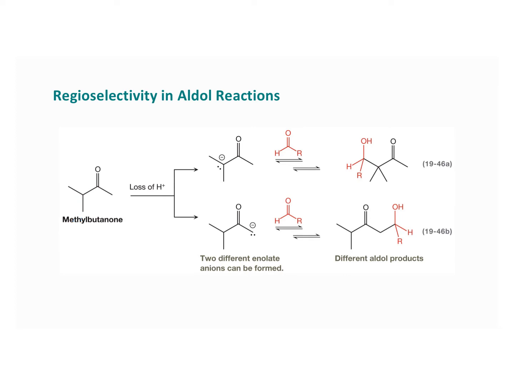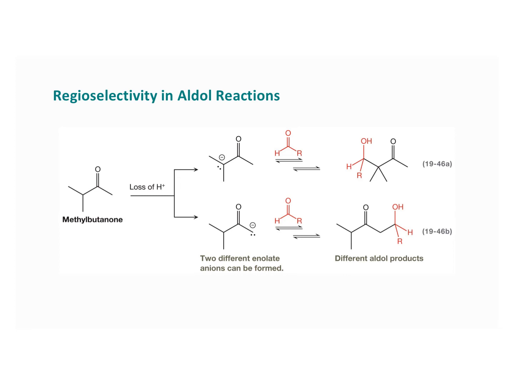And so what happens here is the alpha carbon that's deprotonated leads to one of two enolate anions, which result in one of two aldol products. So we can have two different aldol products here. And of course, that can be a problem.